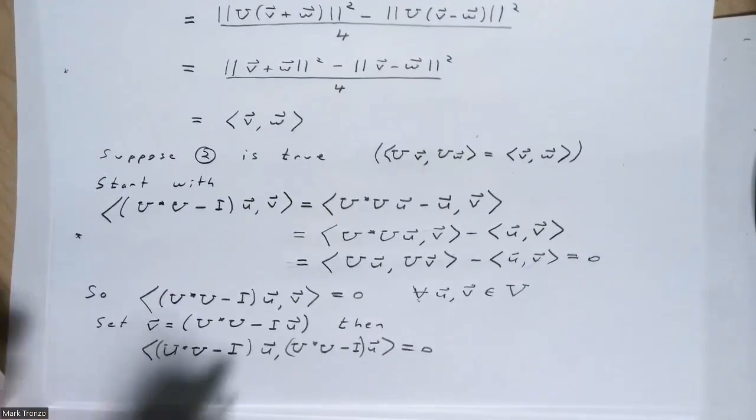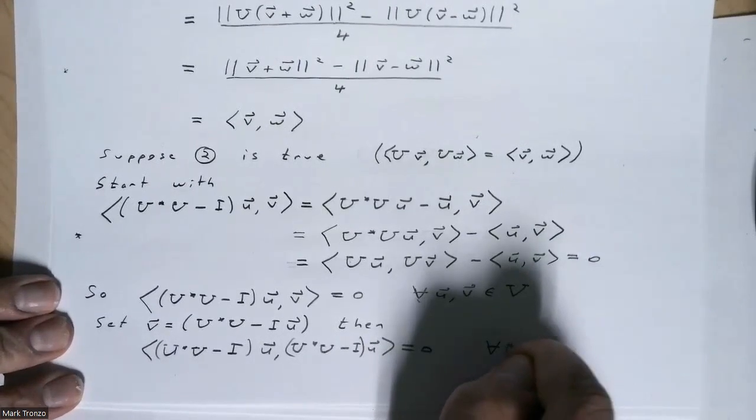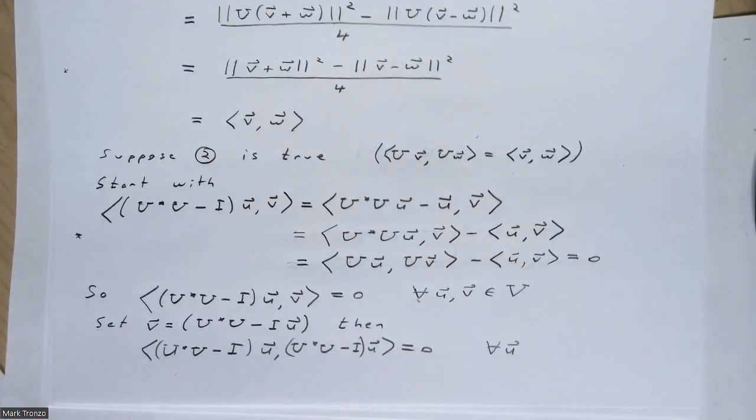So we have that this is 0 for all u. And of course, the only way that this can happen is by the rules of inner products.